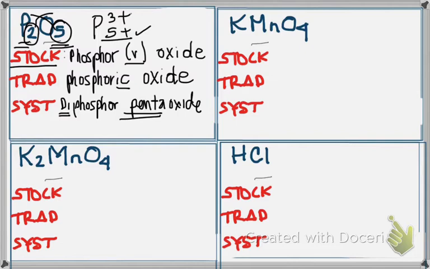Okay, for the next example, you have almost the same compound, but if you look at this MnO4 in the list that you have on your periodic table, you will find that there are 2 different names for this. One is called manganate and the other one is called permanganate, okay?